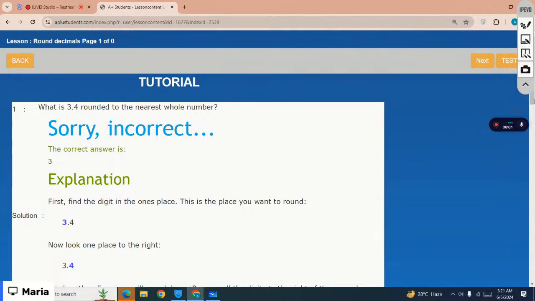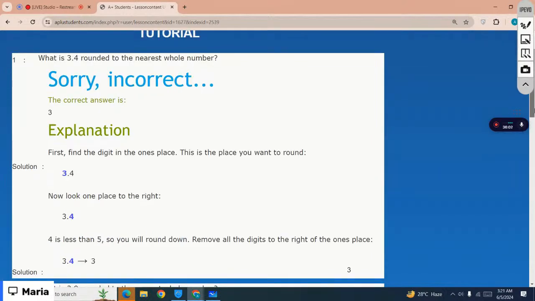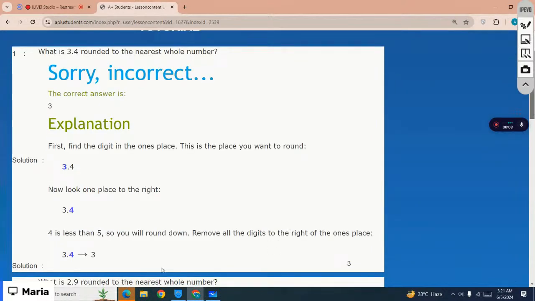You need to compare this number to 5. 4 is less than 5. If the number right after the decimal is less than 5, you need to round on the same decimal. The correct option is 3, right?